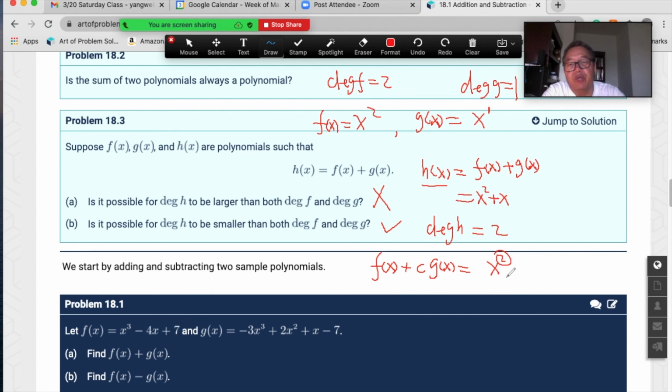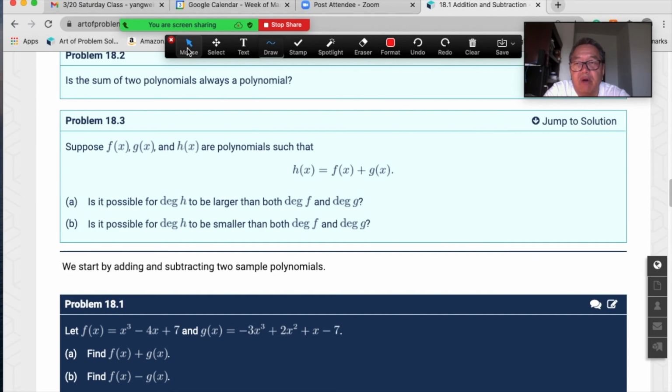Then the degree of h(x) becomes 2, but the degrees of f and g are both 3. So B, that's correct, but A, that's wrong.